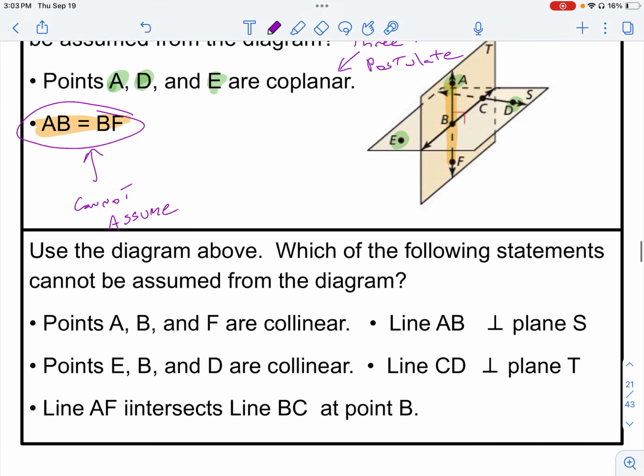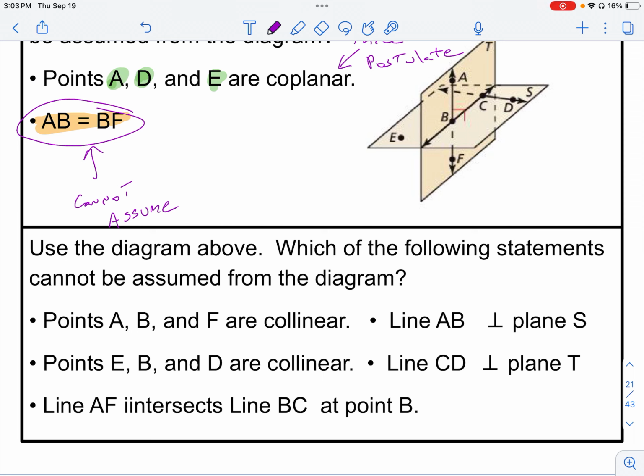All right, we're going to use the same diagram, so let me clean it up a little bit. Which of the following statements can we not assume? A, B, and F are collinear. A, B, F. Well, they're all on the same line, so they are okay.